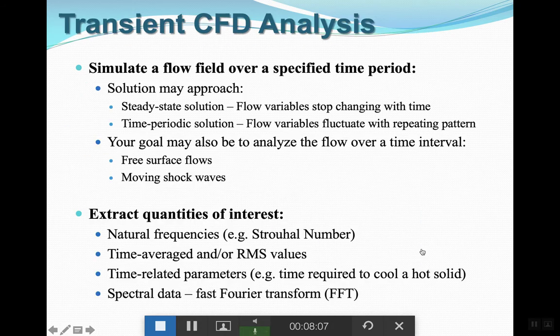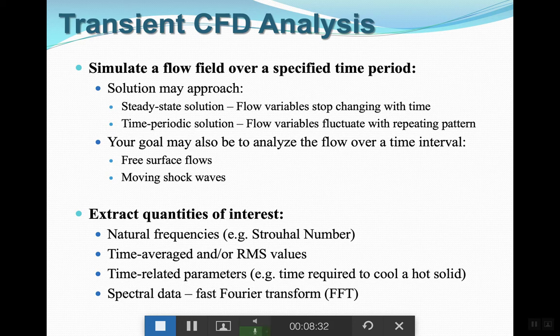So transient analysis is basically when you are simulating a flow field over a specified time period, and your solution can have, here we have mentioned two scenarios, but your flow can actually have three scenarios. But the third we haven't discussed here.